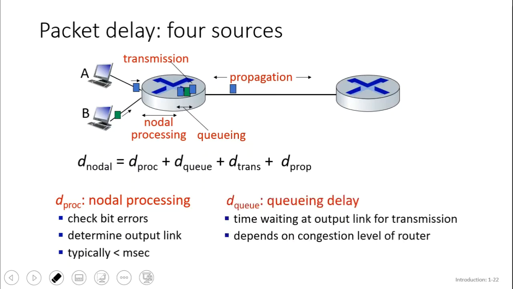Now we have the queue. As you know, when you go to any company where you need something processed, like a bank, and you want a statement, if there's no queue, boom, you will get your statement.